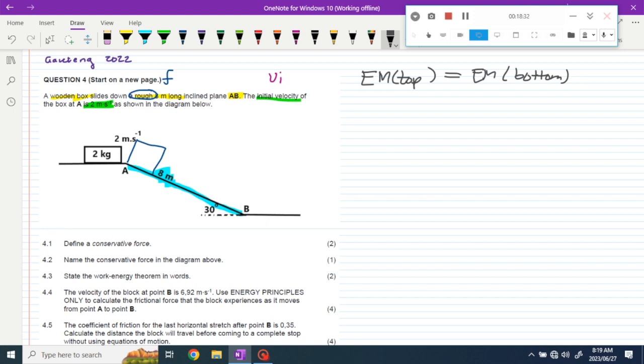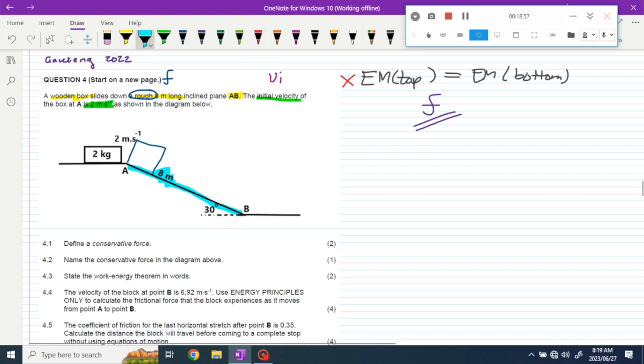By the way, this formula is not given to you on your formula sheet, so you need to know it. But you can't use this. The reason we cannot use this is because there is friction, and friction is a non-conservative force. It's not only gravity that's doing work here, we also have a non-conservative force doing work. So at least we can eliminate this formula, which leaves us with 2.